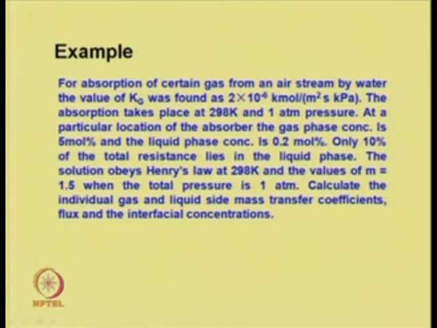Only 10% of the total resistance lies in the liquid phase. The solution obeys Henry's law at 298 Kelvin and the value of m is equal to 1.5 when the total pressure is 1 atmosphere. Calculate the individual gas and liquid side mass transfer coefficients, flux and the interfacial concentrations.